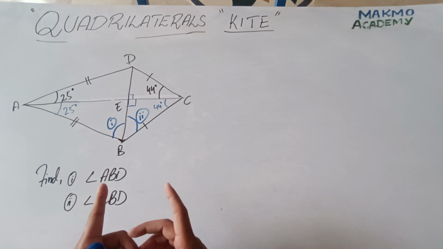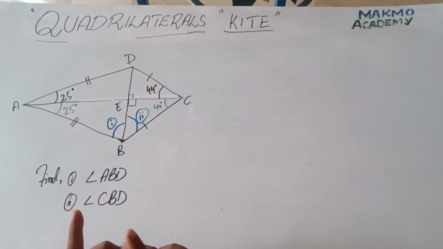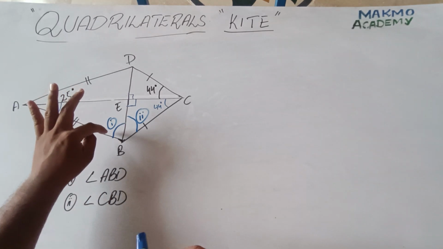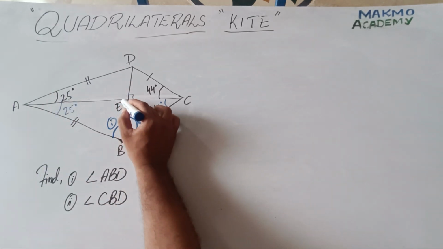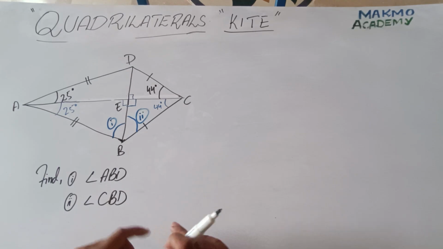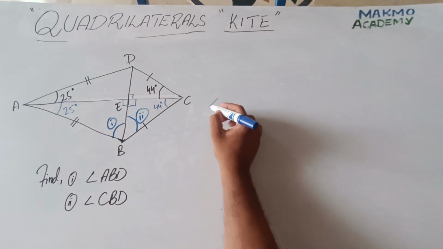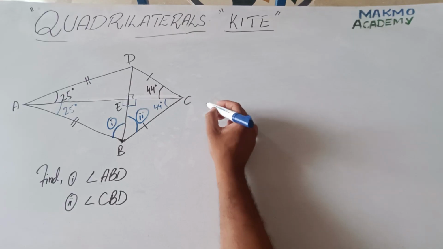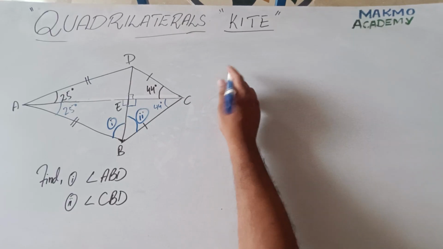So it's up to us what is required. We need only this, so we will say that 90 plus 25 plus angle ABD is equal to 180. So I'm writing it over here, angle ABD.